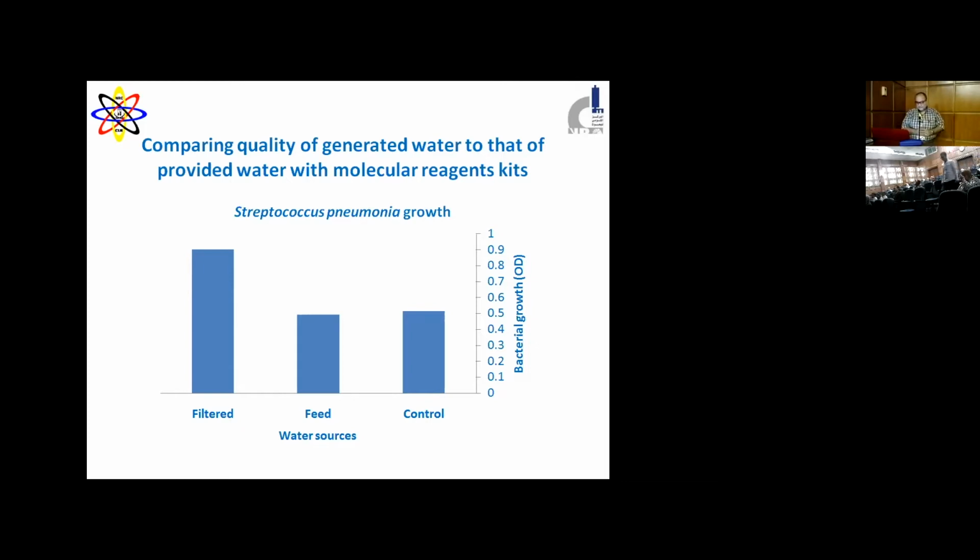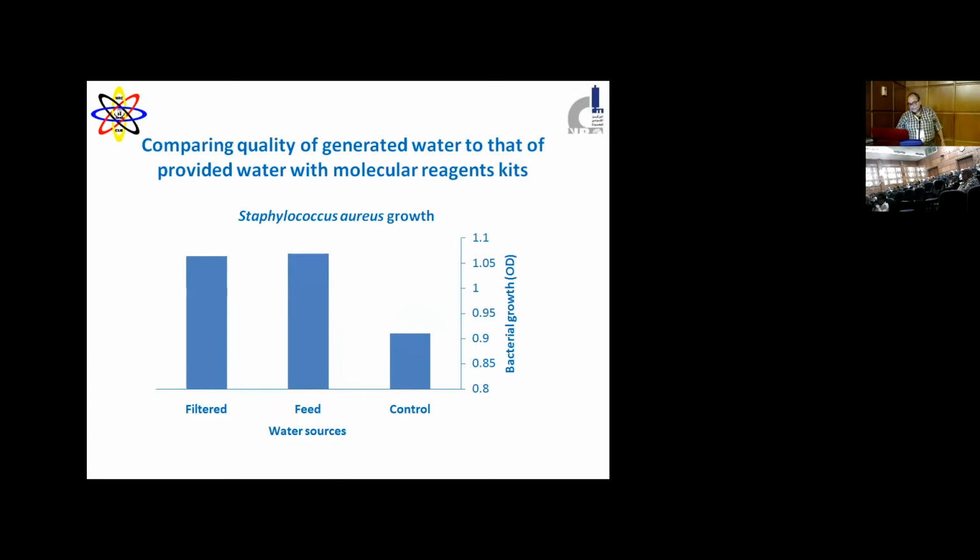So now I wanted to show you if we prepare growth medium for bacteria. If you use the water to prepare growth media for bacteria, now you use the filtered water that they prepared, the fed water that is coming from the tap, and the controlled water that is provided by kits. You see that the bacteria like their water more. And in some other case, for Staph aureus, well-fed water was really astonishing, but it was really logical.